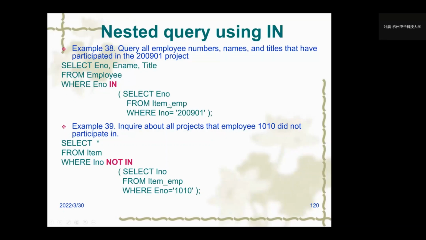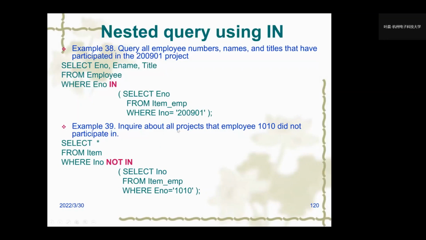So to query the above information, first you need to know which employees participate in this project. You need to know the employee number. So the subquery we use is select eno from item_emp, this table, where the item number is 200901.